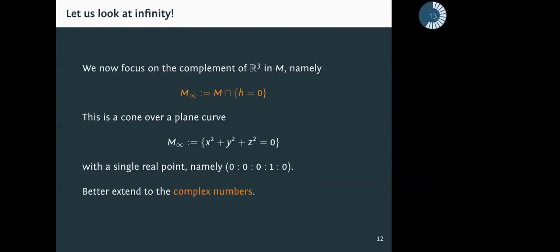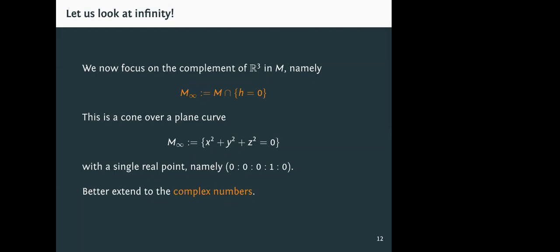What do we do now? Well, let's investigate a little more how this compactification M looks. So M is constituted of R3, and then what we can call the boundary or infinity, which I denoted here by M infinity, namely the intersection of M with the hyperplane H equals to 0. So this is constituted of points which do not come from R3.